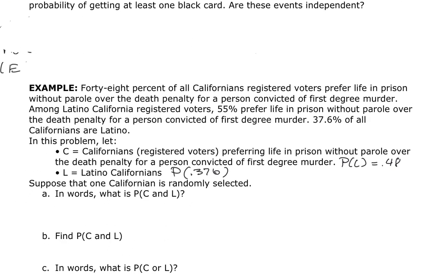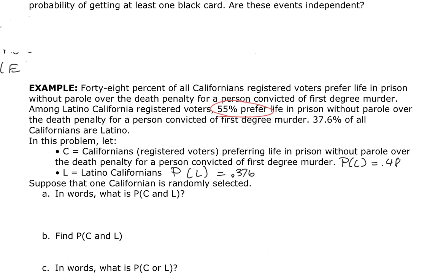Okay, I'm just going to write that as L. Probability of L is 0.376. Now I'm just writing that because I don't want to lose what it is. Now, this is other information, and I don't have anything for that, right? I don't have a C or an L.